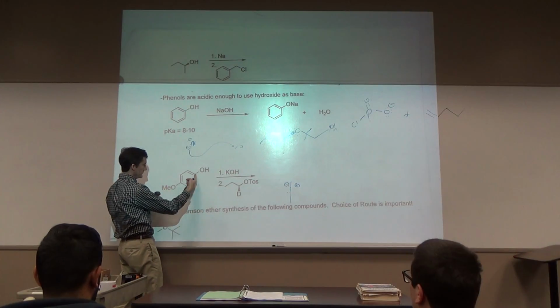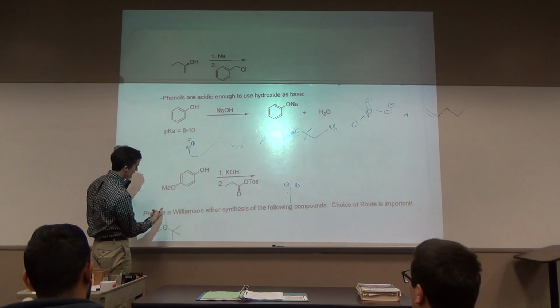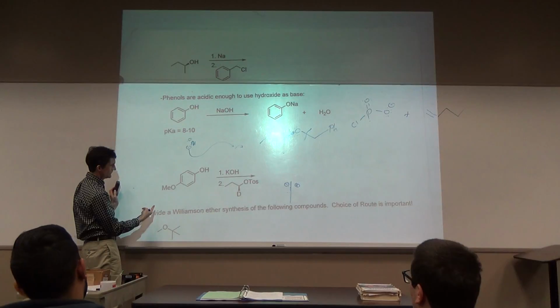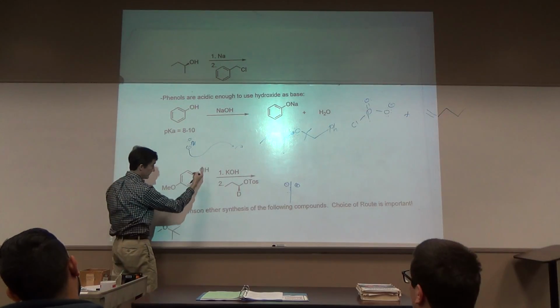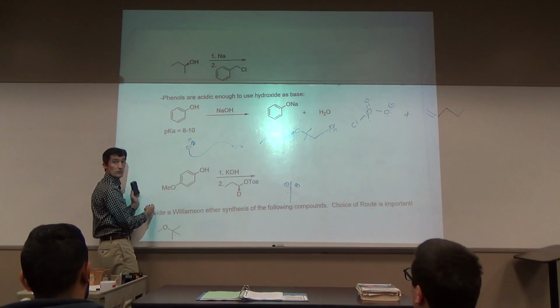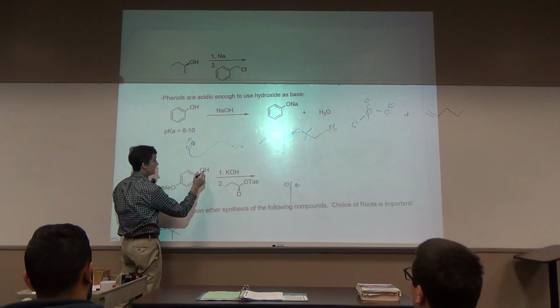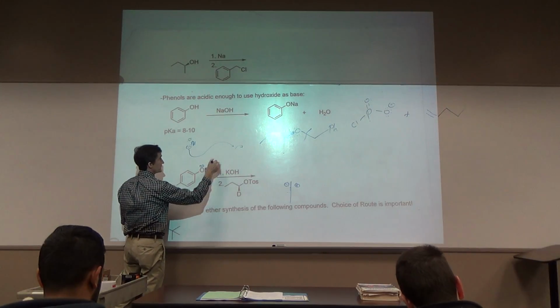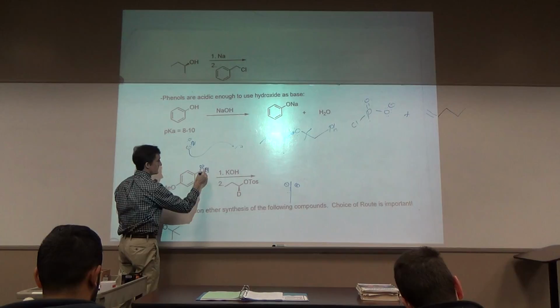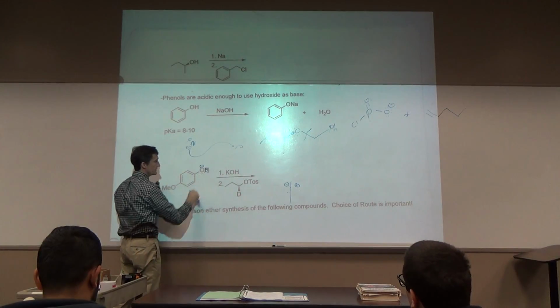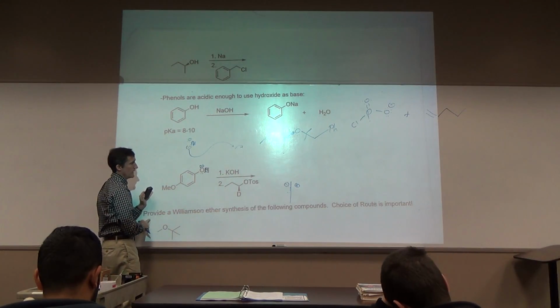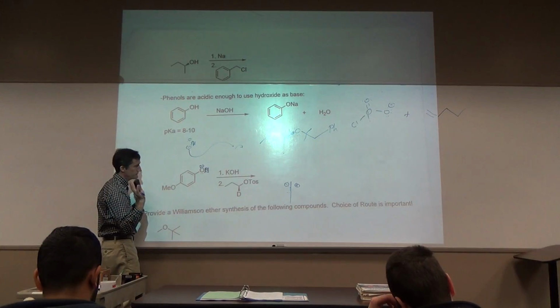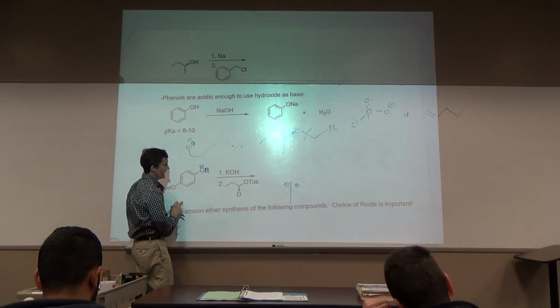Treat this with KOH. Where's the most acidic hydrogen? Well, it's the phenol, because all the other H's are on carbons. Okay? So we deprotonate, just like up there. Make O minus. The potassium sits with this, if you want to show an end result fully balanced.